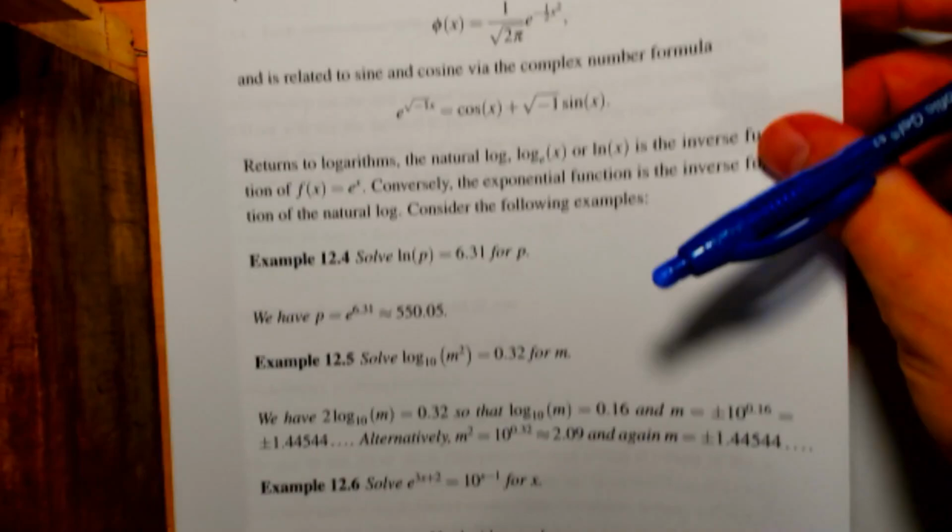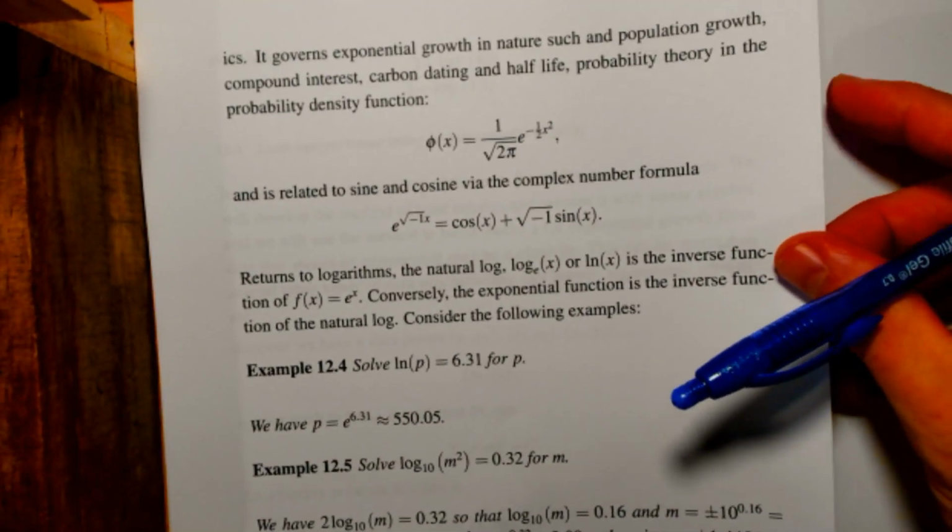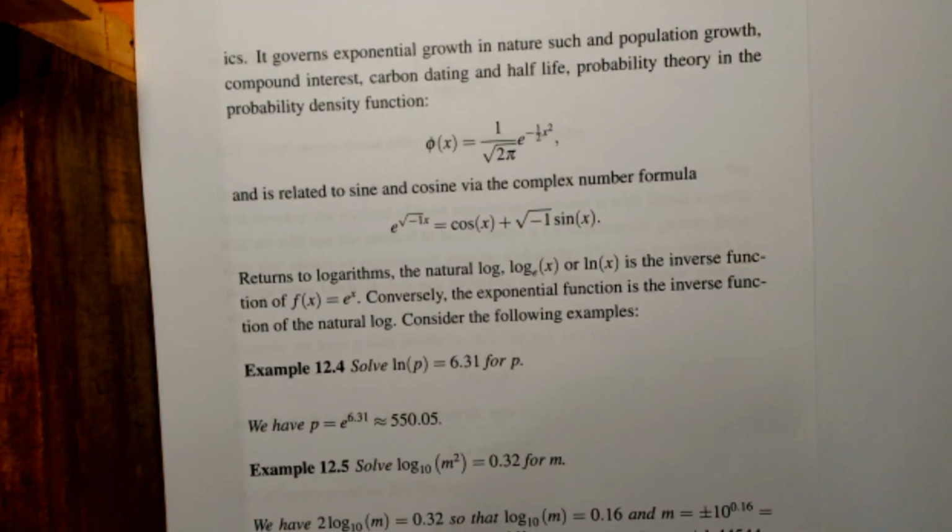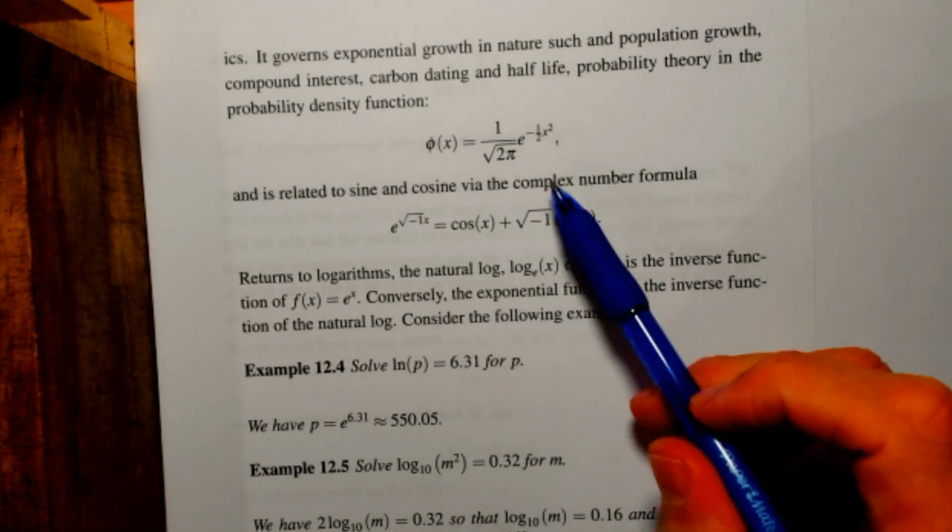Alright, let's have a look at some other properties. So e governs exponential growth in nature, such as population growth, compound interest, carbon dating, half-life, probability theory. For example, in the probability density function, here's e and pi.